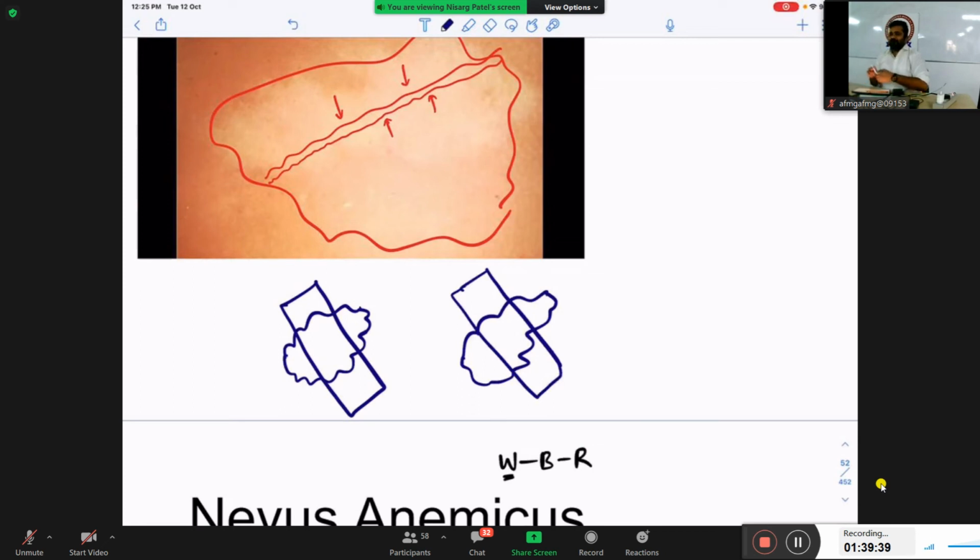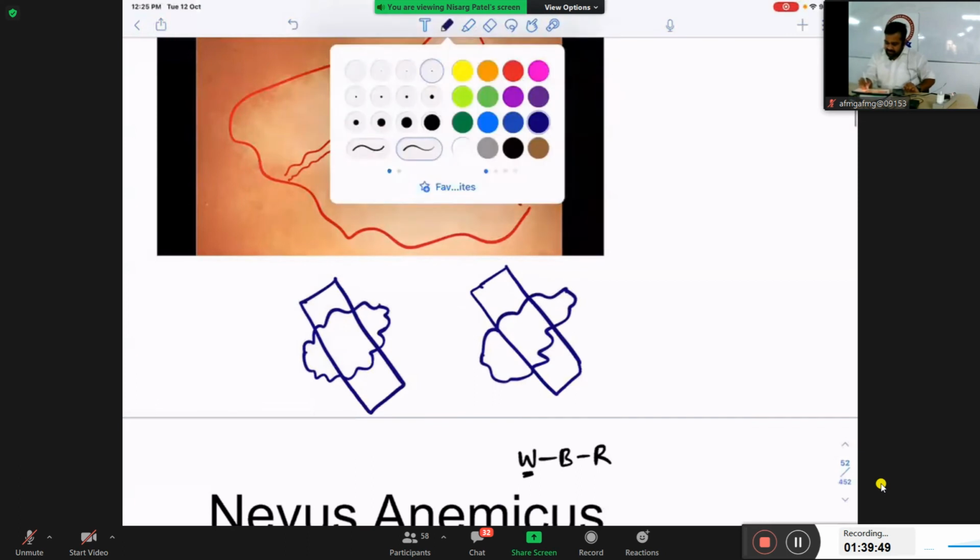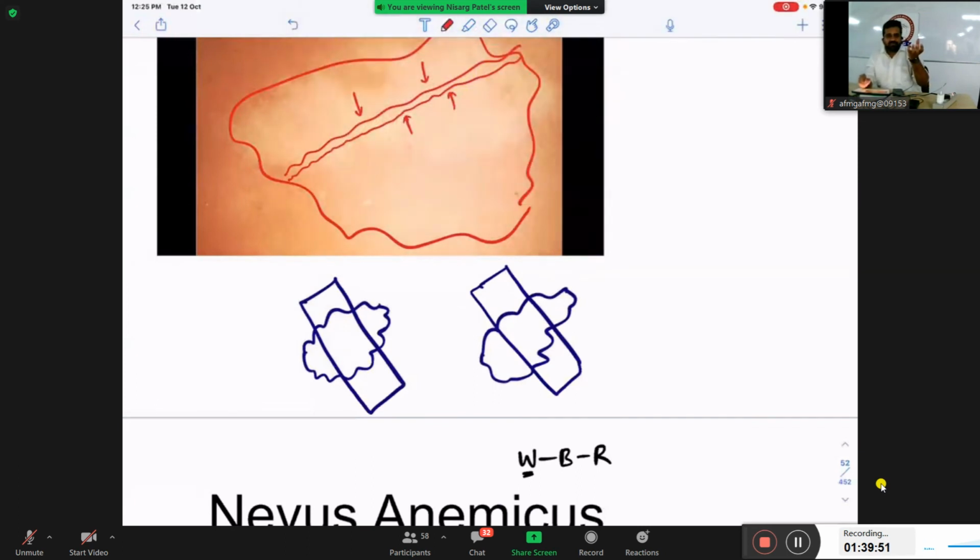What will happen in nevus depigmentosus? Because the border is made up of color, it is just an underlying skin color, so this border will not change even after I press it.